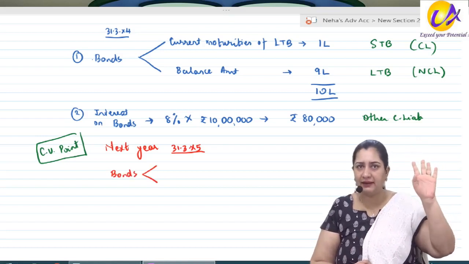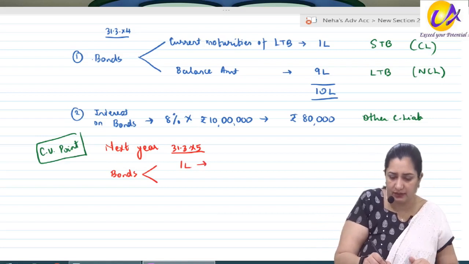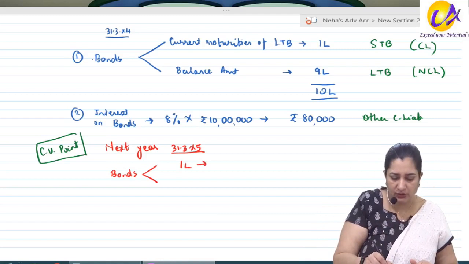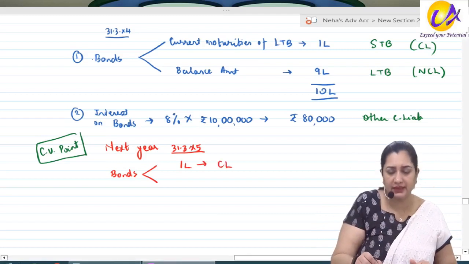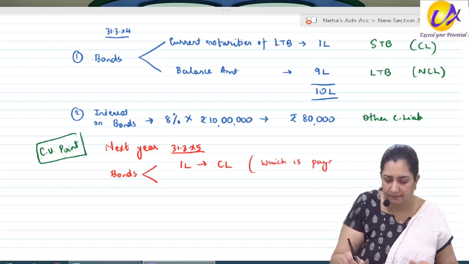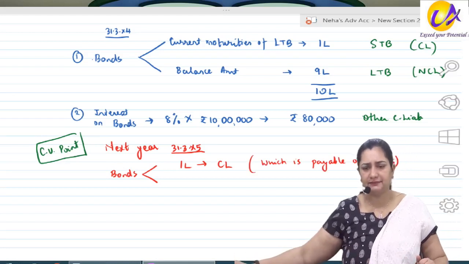Right? Last year we paid it. So now 1 lakh will be payable again next year. This will be current liability. Correct? How? This will be which is payable on 1st April 5. For your understanding.